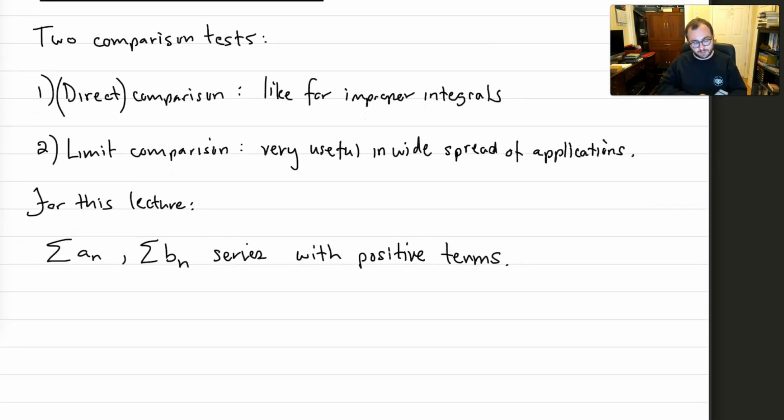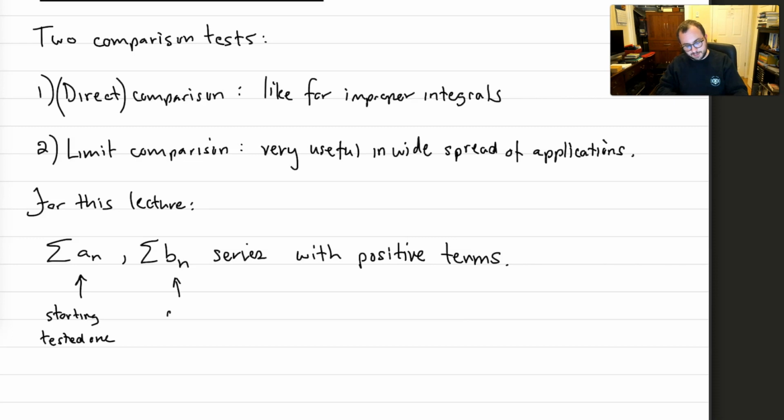Notice that I've already specified that this lecture, meaning the two videos made from this, the series have positive terms. And I'm just going to call them A and B. A is going to be the starting series, the tested one. So it's going to be the series we're testing.